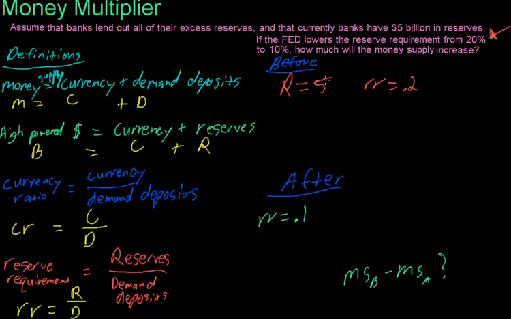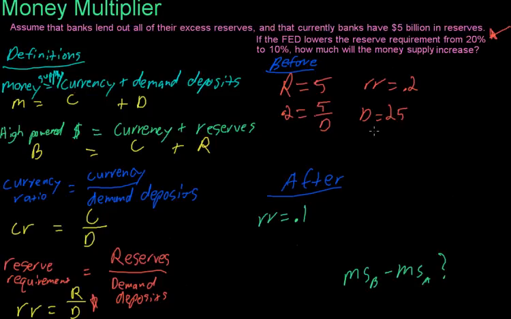So the first thing that I recognize is that we have 2 out of the 3 pieces of this formula, so we can solve for the last one. So we know that 0.2 is equal to 5 over D. Or just simplifying, we know that D is equal to 25, which is just 5 divided by 0.2.